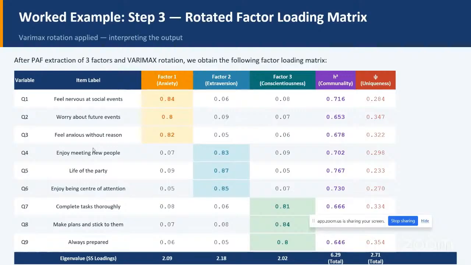For the next three questions, you can see they can't be under factor 1 because these are too small, right? But for factor 2, these are greater than or equal to 0.5. So these questions can be under factor 2. Similarly, the last three questions can be under factor 3.